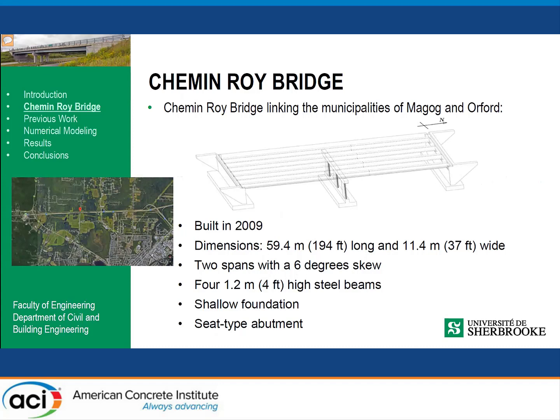It is approximately 194 feet long and 37 feet wide, so really typical, with a very low skew of 6 degrees. It is a concrete deck resting on four steel beams. It is on a shallow foundation, and the foundation type is type C in the CHBDC, the Canadian Highway Bridge Design Code, which is very dense soil to soft rock.